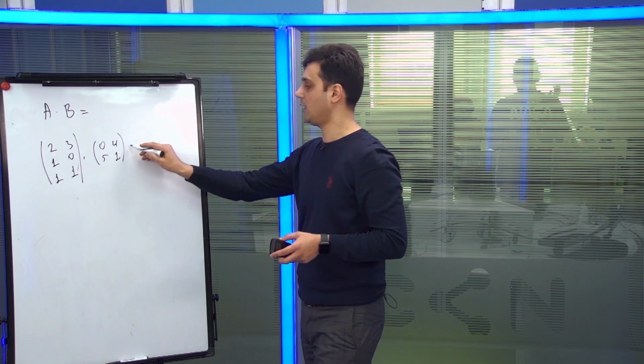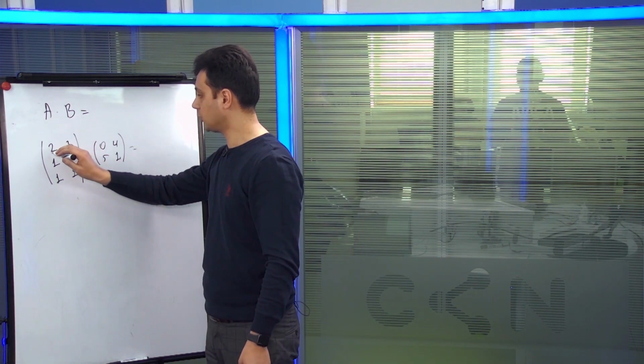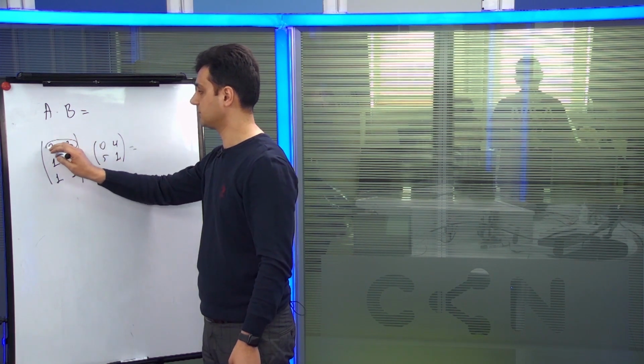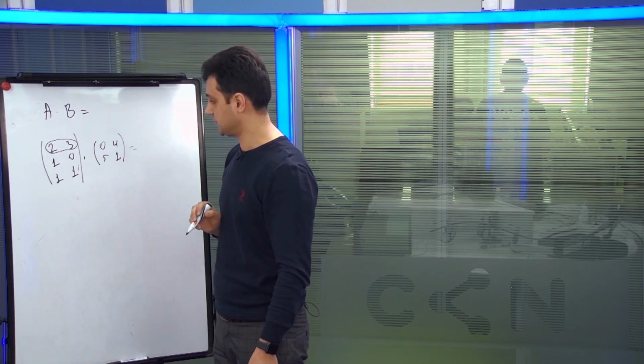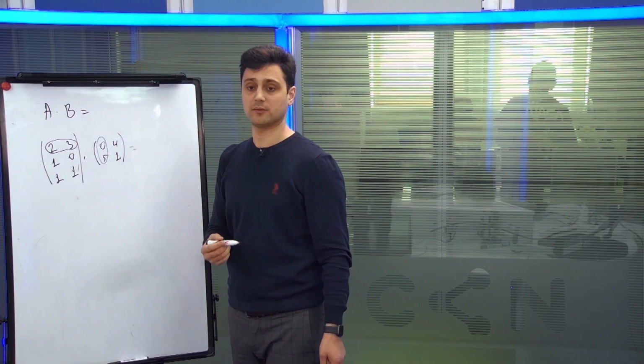So now I will show the number of columns is 2 here, and the number of rows is 2 here. It means that we can multiply this.